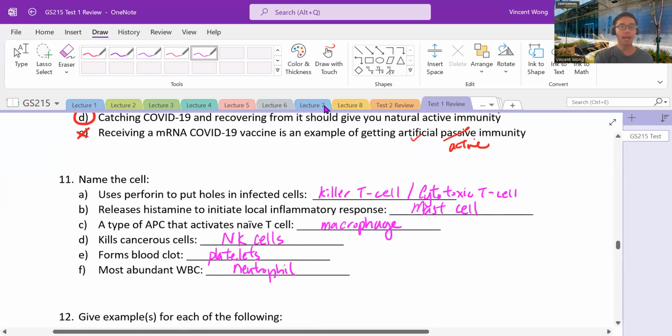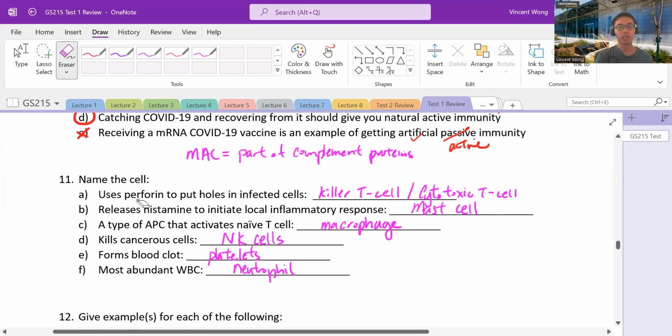How about MAC? Okay, so MAC is the membrane attack complex. That's not used by T cells. This is a part of complement proteins. Right, complement proteins. So that also punches holes in the bacteria, but it's the protein that does that. This is a different type of protein.